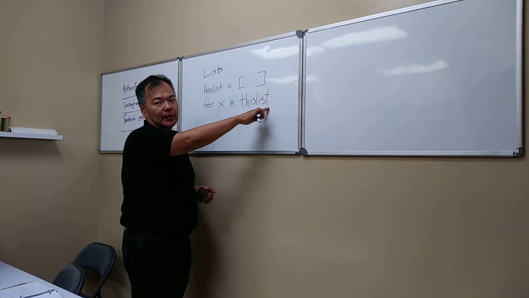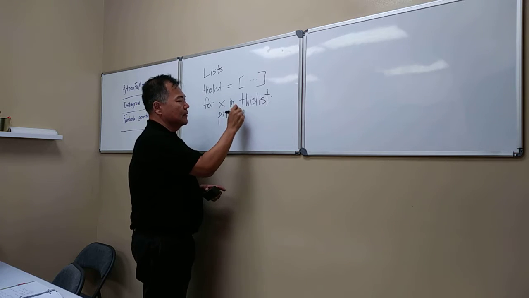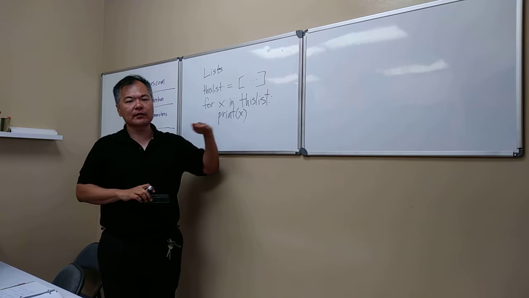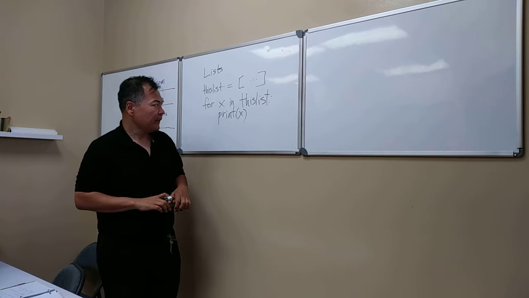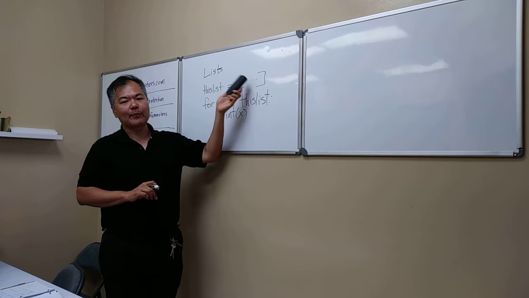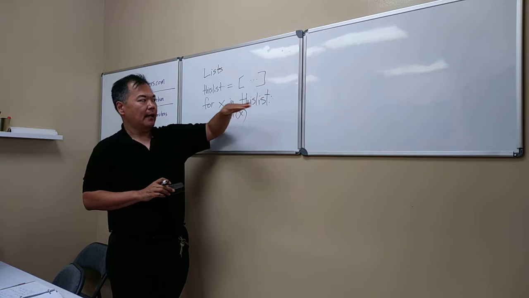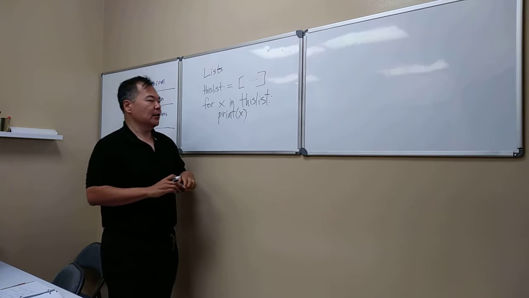Then of course a colon, and in this case I'm just going to print each item on the list line by line. So for x in thislist, which contains 3 items, apple, banana, cherry, it'll print apple, banana, and cherry.